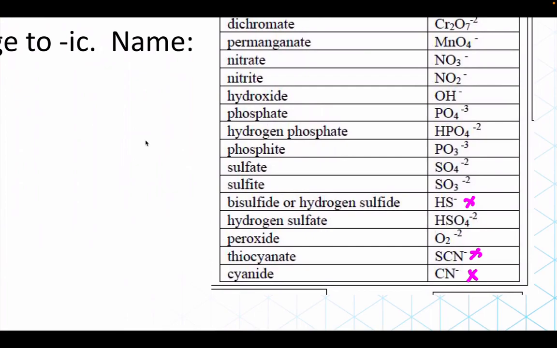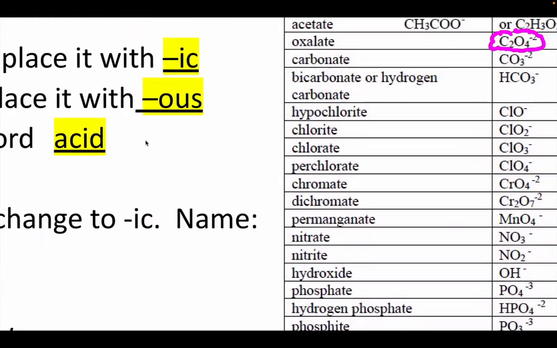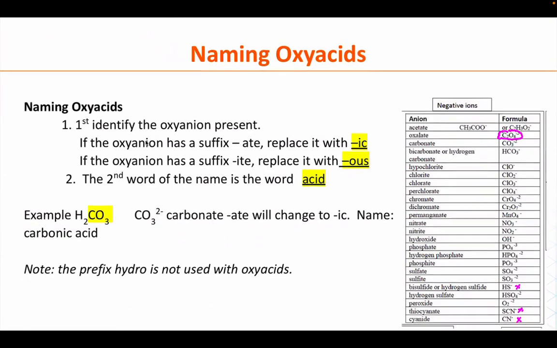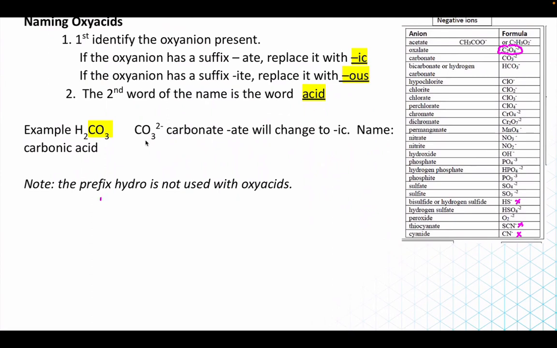So they all have oxygen in them. And if they are with a hydrogen on that, then we are going to call them an oxyacid. So my example here is H2CO3. So when we name this, we don't use hydro.